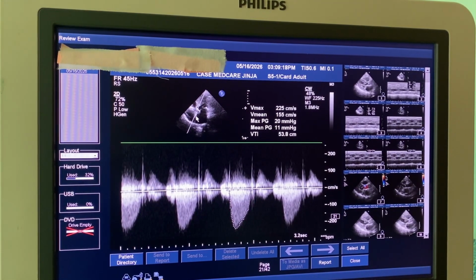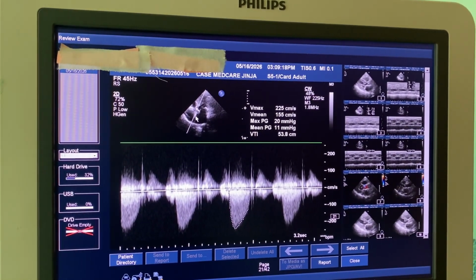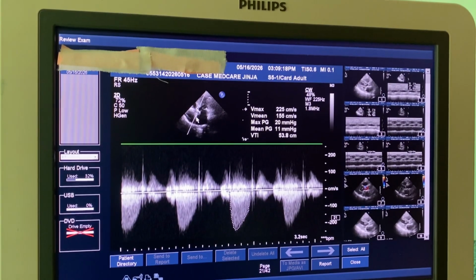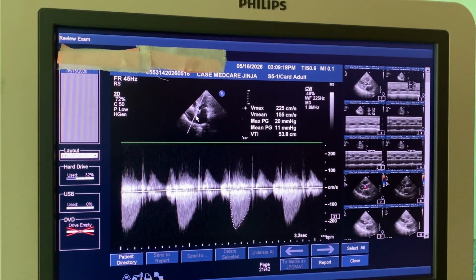Phenotypes of AS, aortic stenosis. Low flow, low gradient AS. Low flow, low gradient AS with reduced ejection fraction.